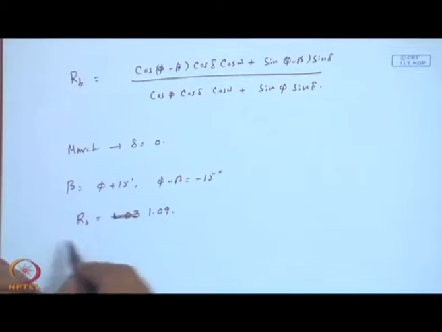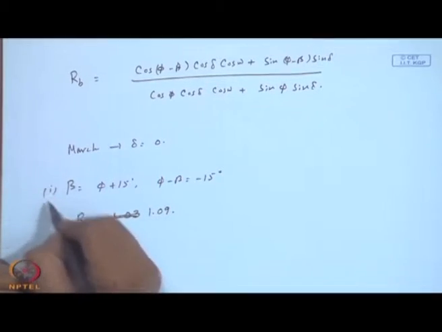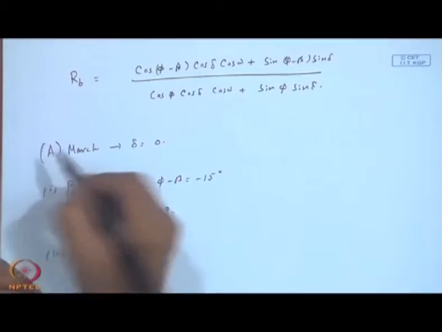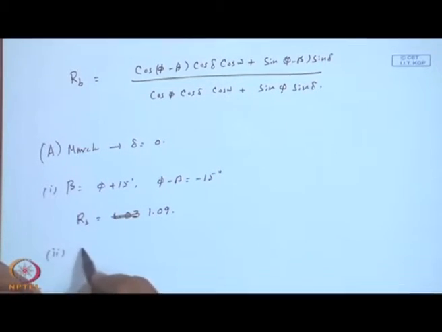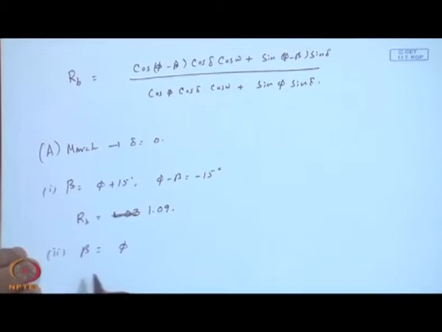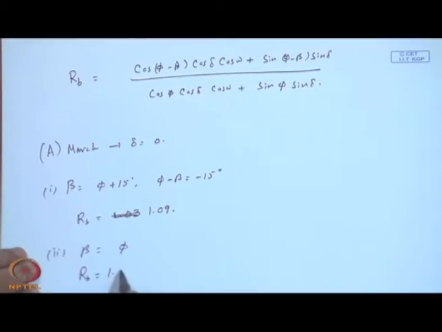And second case, so this 1, 2, this I may call it A March. So, beta equal to phi and RB turns out to be 1.09. I am just wondering whether it's the same.